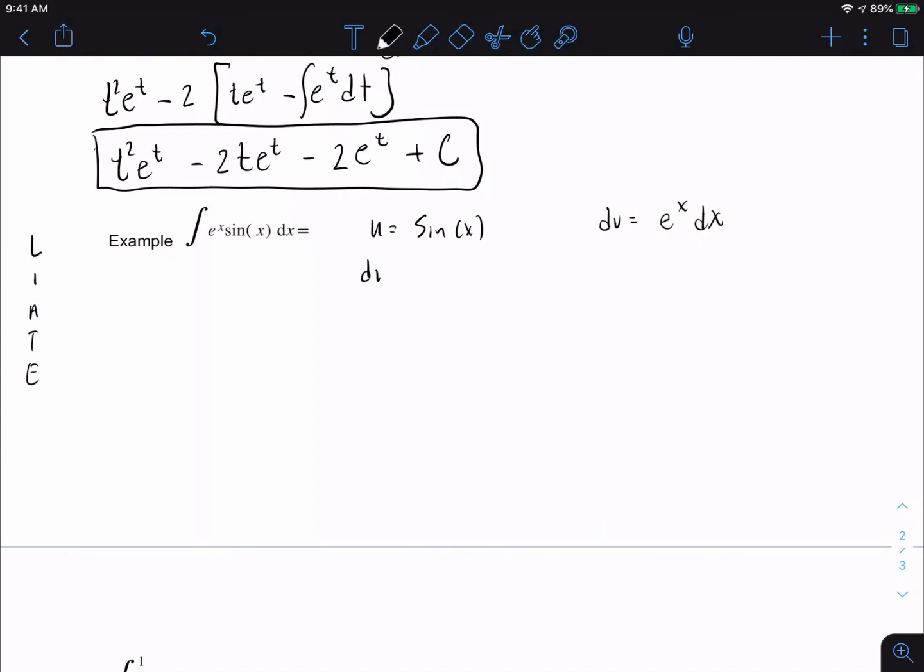Agreed. So then du is going to be cosine of x. And you see how this starts getting a little bit funky? In the previous problem, we were doing the integration of sine and integration of cosine. So the integration of sine was negative cosine. But now in the derivative, it's just cosine. You're going to have to be very careful about your signs because they're going to interchange these guys like crazy to try and get you to make sign mistakes. Okay? So be careful. And then this is just going to be e to the x.